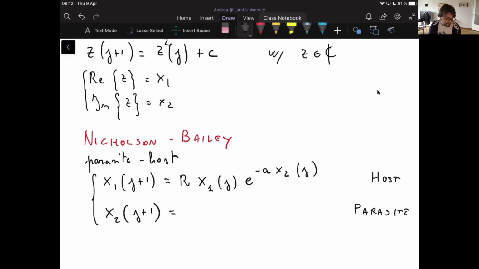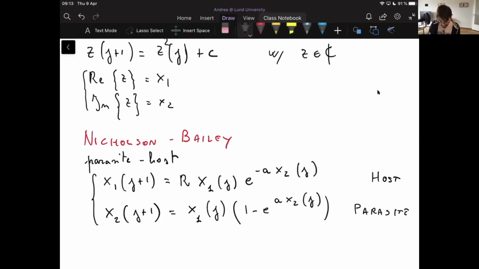Okay, so this is equal to the population of the host, because if you don't have any host, then all the parasites die as well, times the probability of the parasite to occupy a host. 1 minus e, that is 1 minus the probability of a host to not be occupied by a parasite. X2 of j.